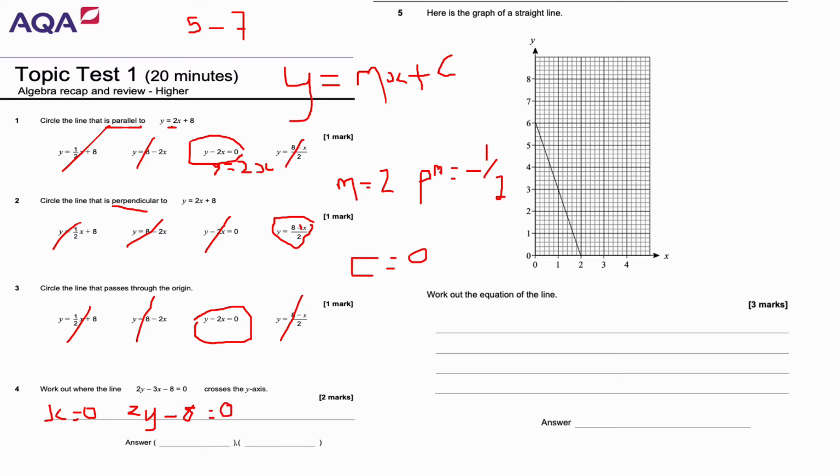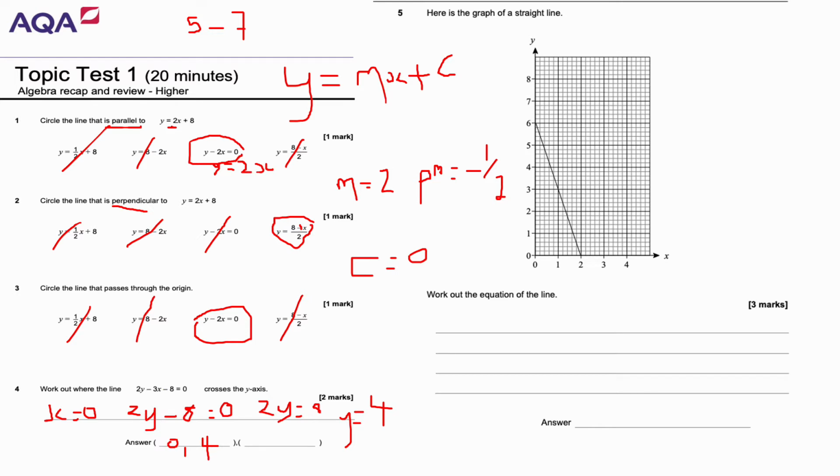I've got a linear equation, so if I add 8 to both sides, I get 2y is equal to 8. Dividing both sides by 2, I get y is equal to 4, because 2y means 2 times y. So the coordinates would be 0, 4.